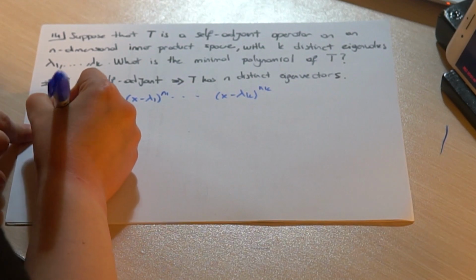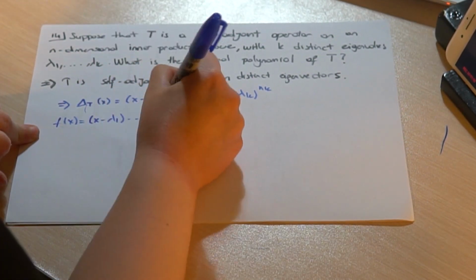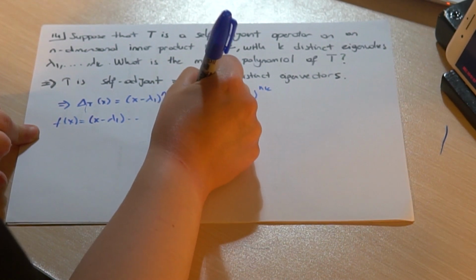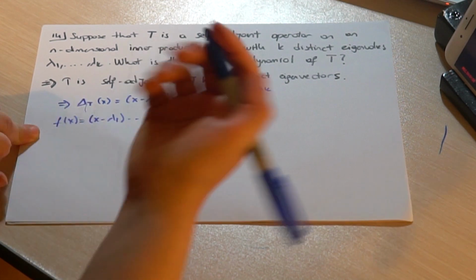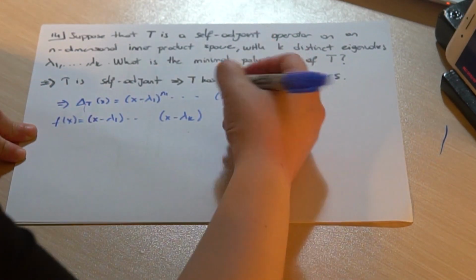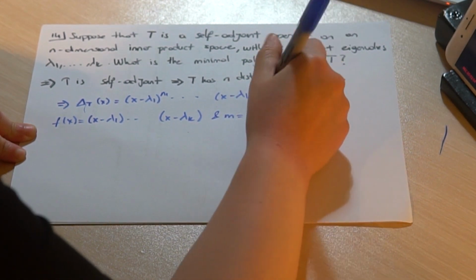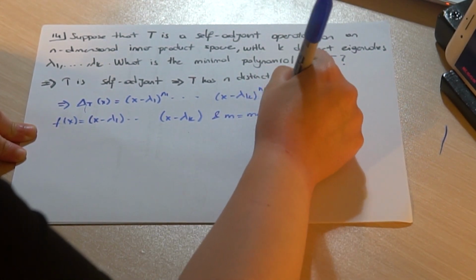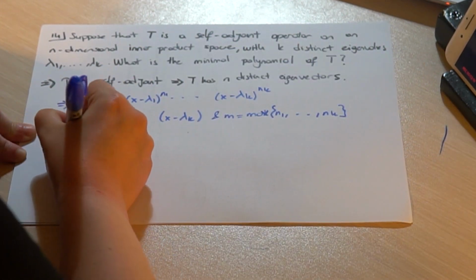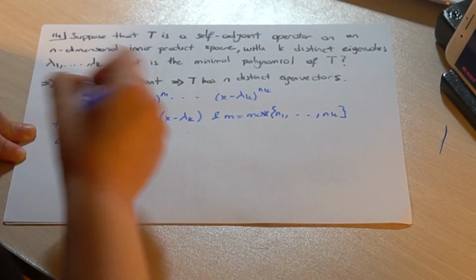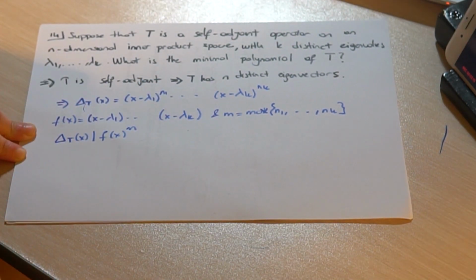So let's say f(x) is equal to (x minus lambda 1) up to (x minus lambda k), right? So since this is f(x), and also say m is equal to the maximum of n1 to nk. And the characteristic polynomial divides f(x) to the m, right?